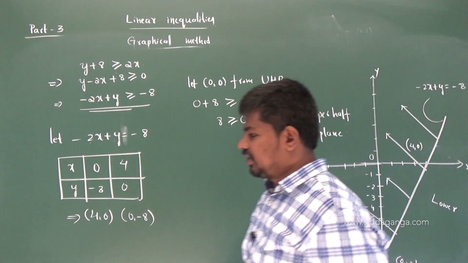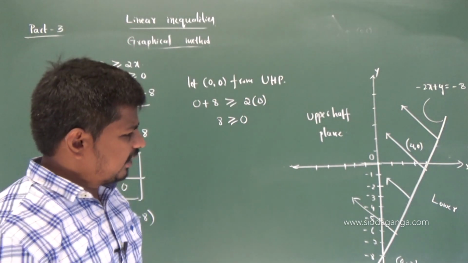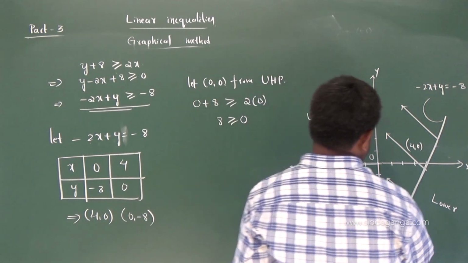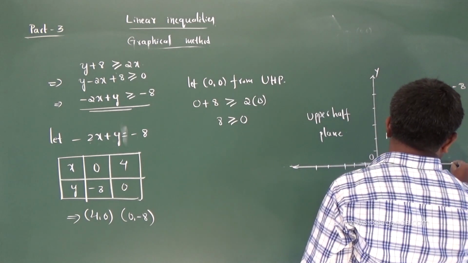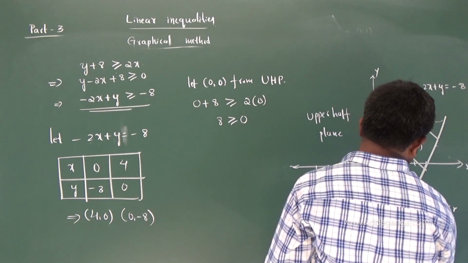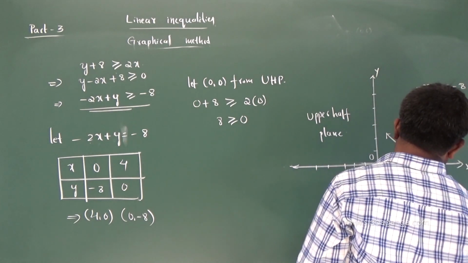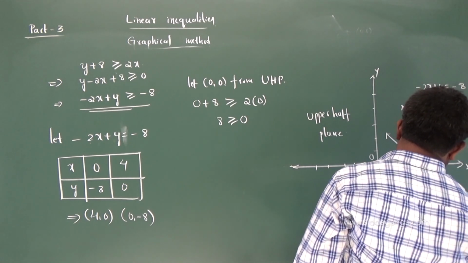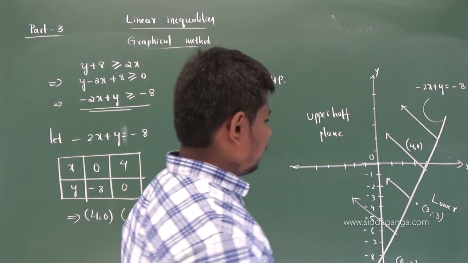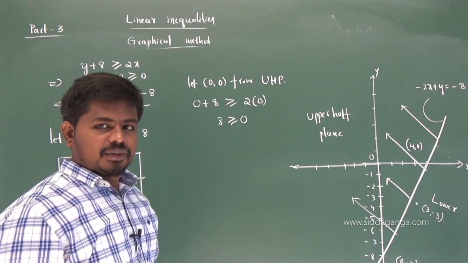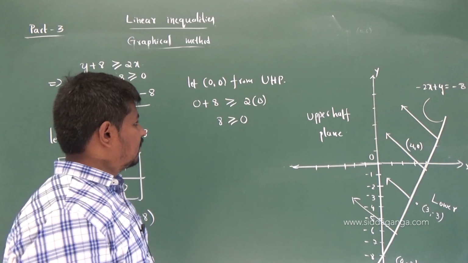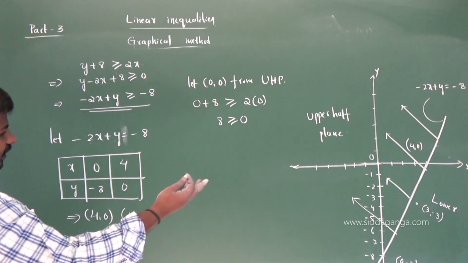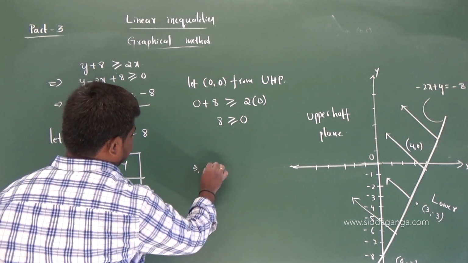Upper half plane becomes the solution region. Or you can check by taking any point in the lower half plane. For example, I am going to take 3 comma minus 3.